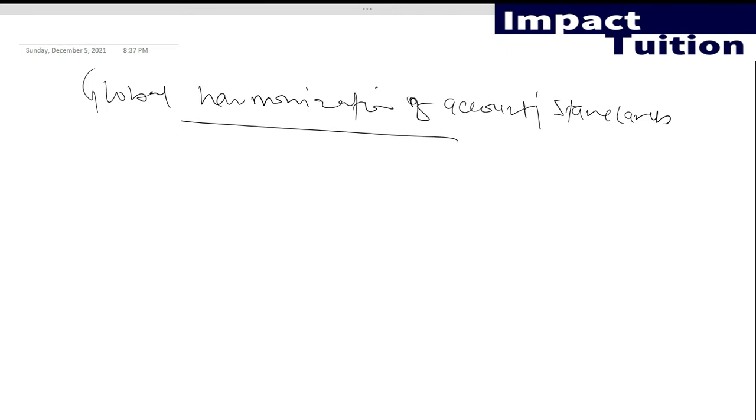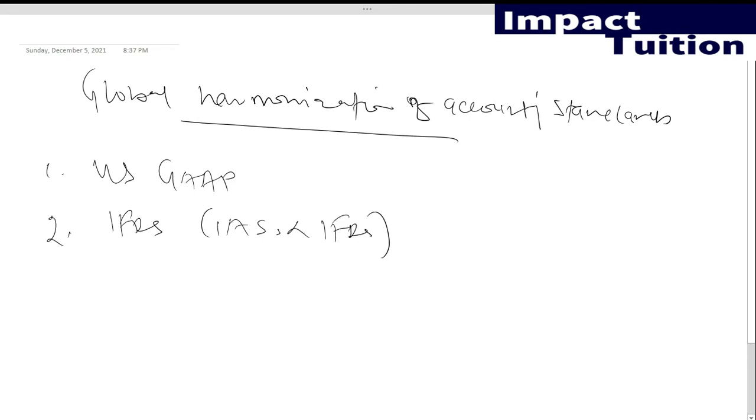Now, two candidates of convergence are the US GAAP, the generally accepted accounting principles, which is used by firms in the United States, and then the IFRS, which is made up of the IASs and then the IFRS.